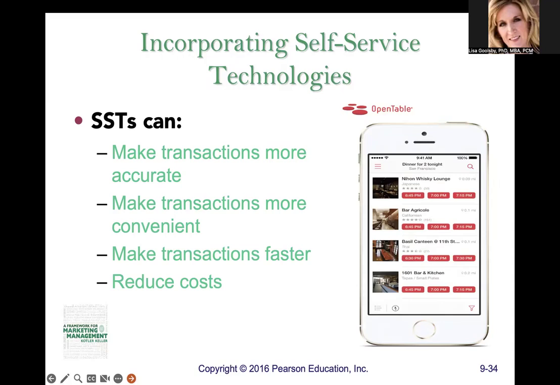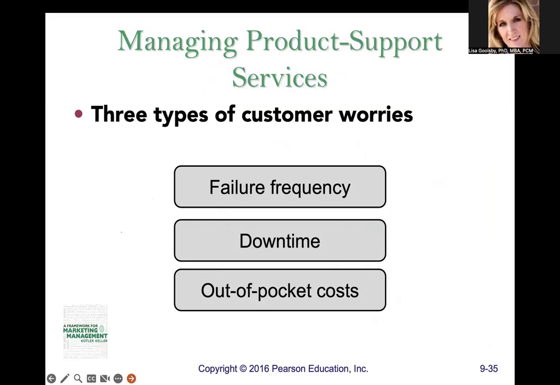I know Panera Bread, you can go to the kiosk and place your order. You don't have to go up and interact with a person. Sometimes it can make transactions more accurate or more convenient and faster. It can reduce costs for companies, certainly, but it can also leave room for error. It depends on how easy the technology is for the consumer to use.